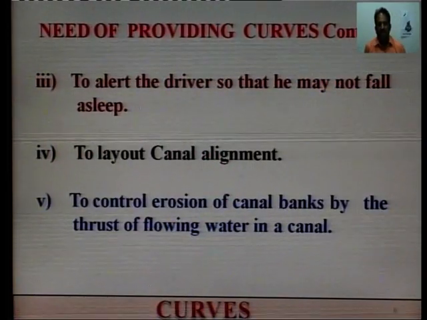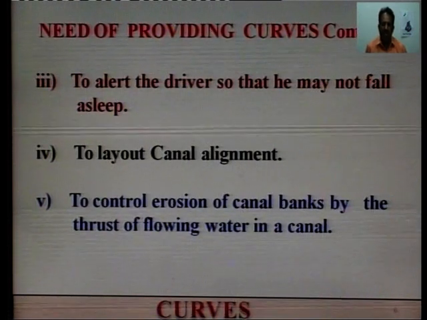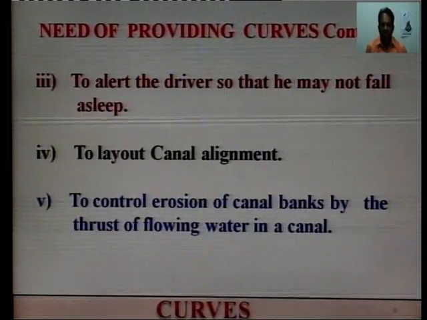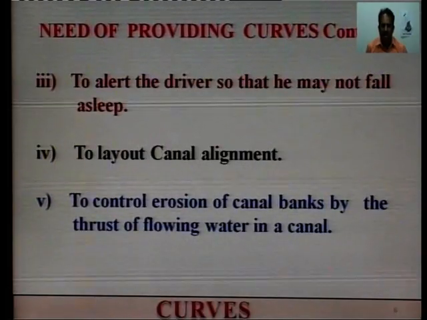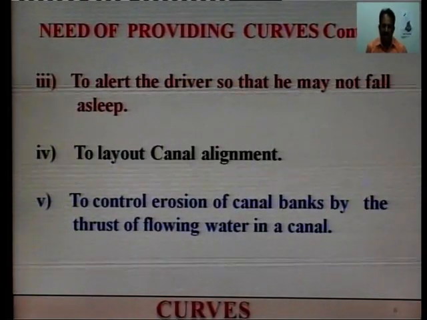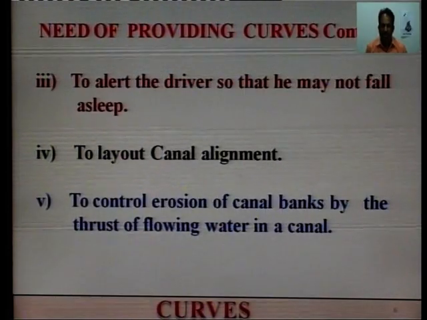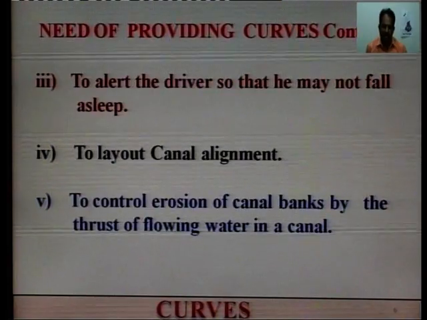Third, to alert the driver so that he may not fall asleep. If a road is straight, with no turns on either the left side or the right side, there are chances that the driver may fall asleep. So, to alert the driver, curves are generally provided.